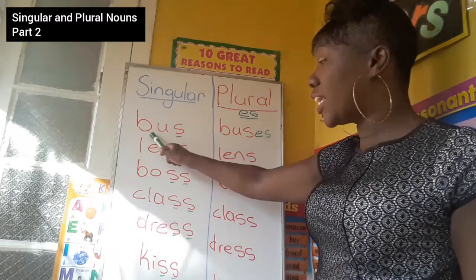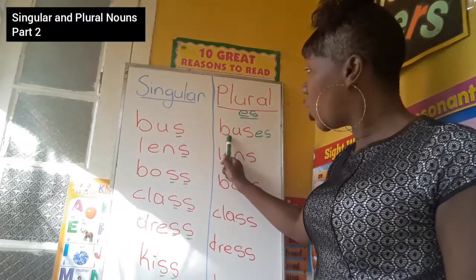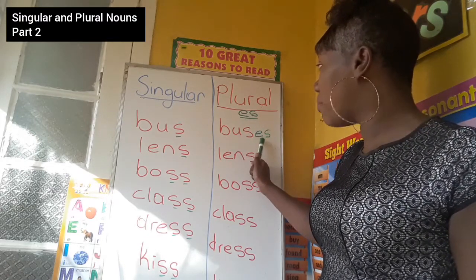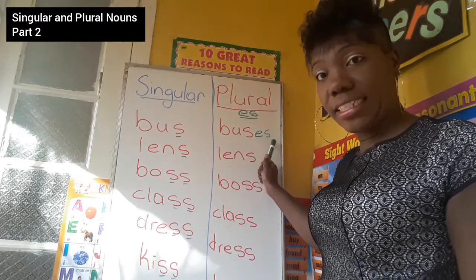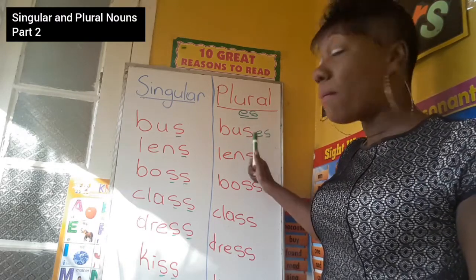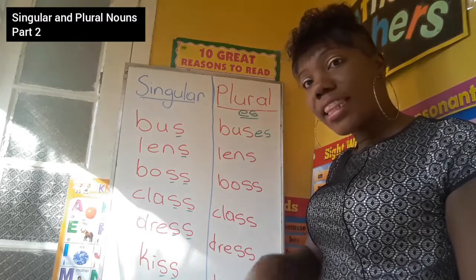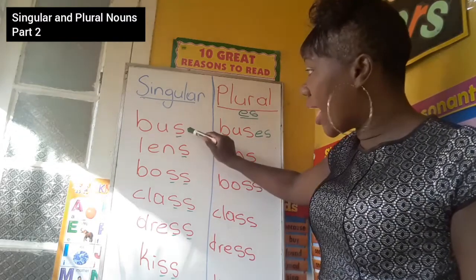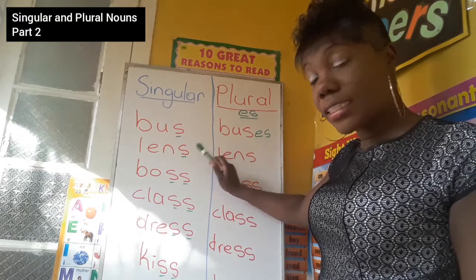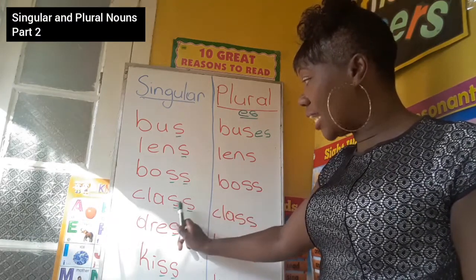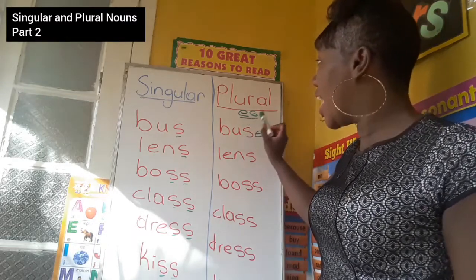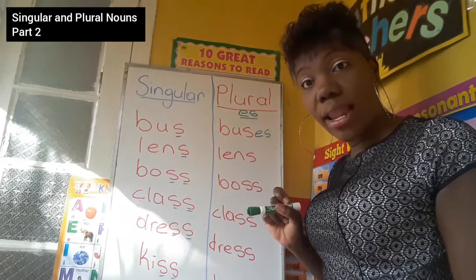So you have singular bus, plural buses, and we make buses plural by adding ES, because nouns that end with S or double S, we add ES to make them plural.